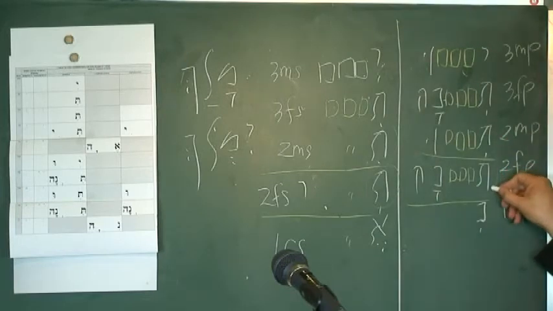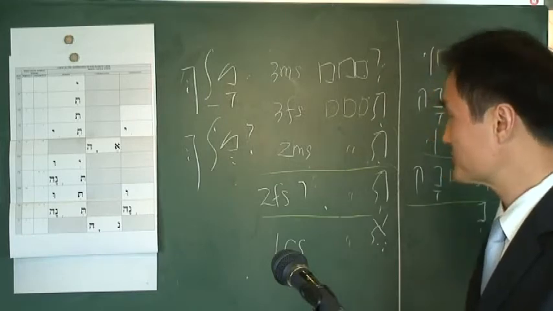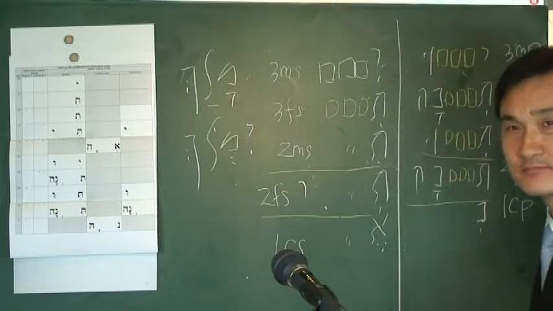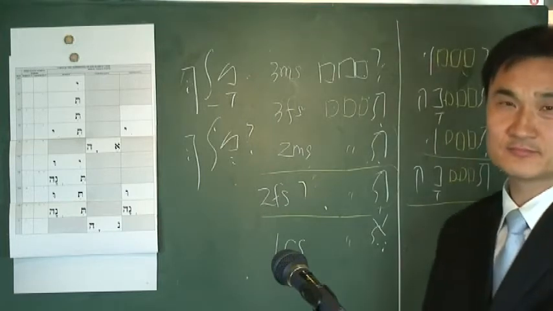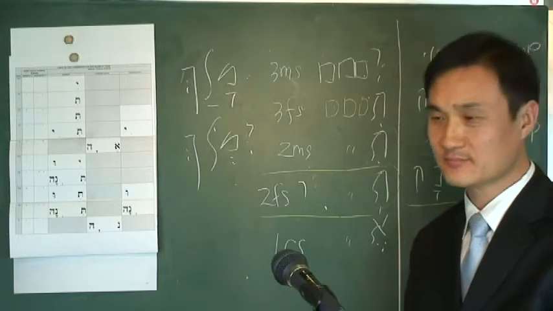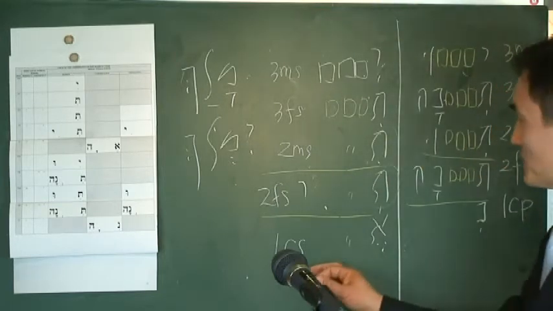We will make the second person imperatives, the second person masculine singular, the feminine singular, the masculine plural, and the second person feminine plural, from the imperfect form.